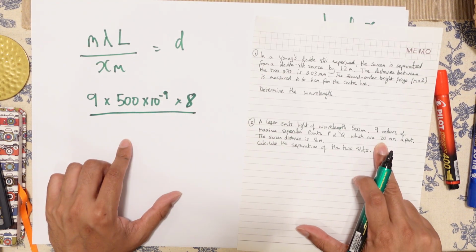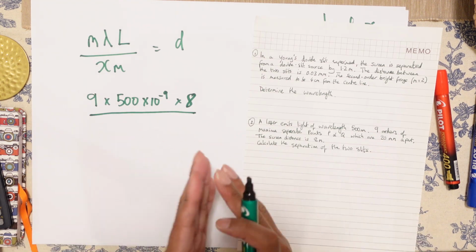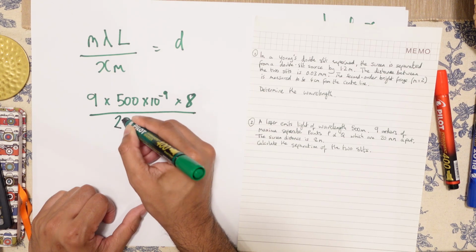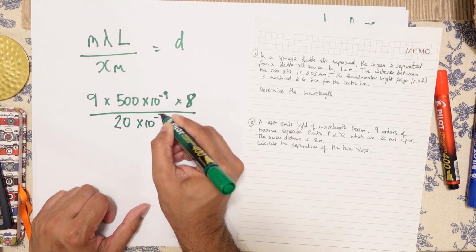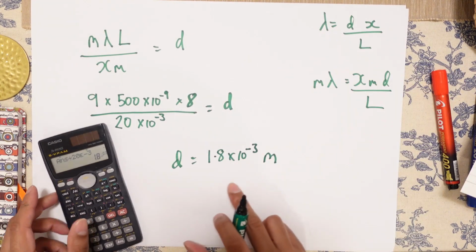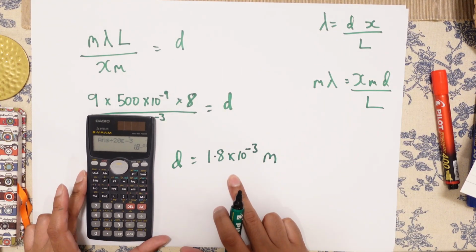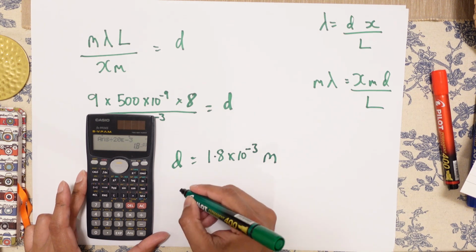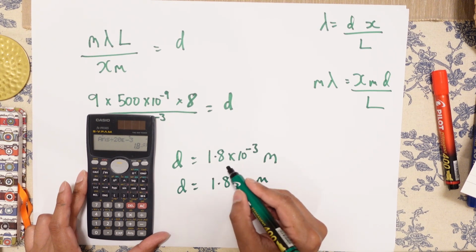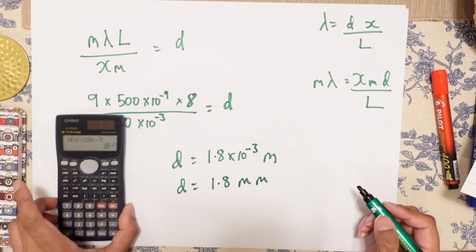Now, they're saying that this is the distance between the fringes, and it's 20 millimeters. That's 20 times 10 to the minus 3 equals d. So that gives us 1.8 times 10 to the minus 3 meters, and that is the same as 1.8 millimeters, because that would be the milli bit.